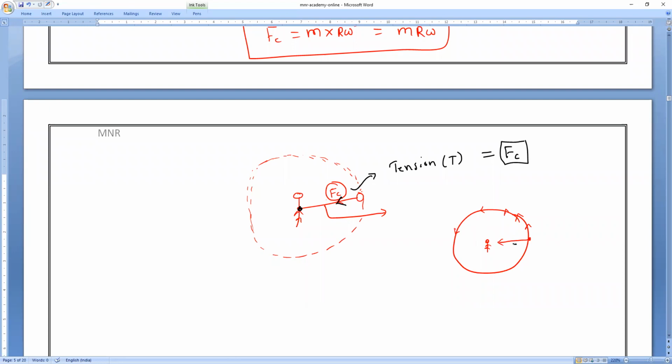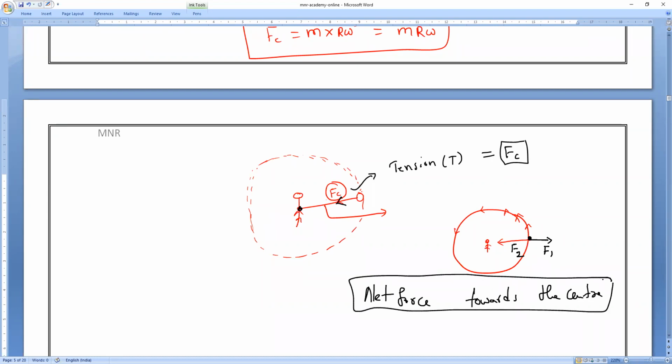Let me take the force acting towards the center as F2, and the force trying to take the ball away as F1. So what do you mean by centripetal force? The body is again trying to follow the path. Centripetal force means the net force acting towards the center.